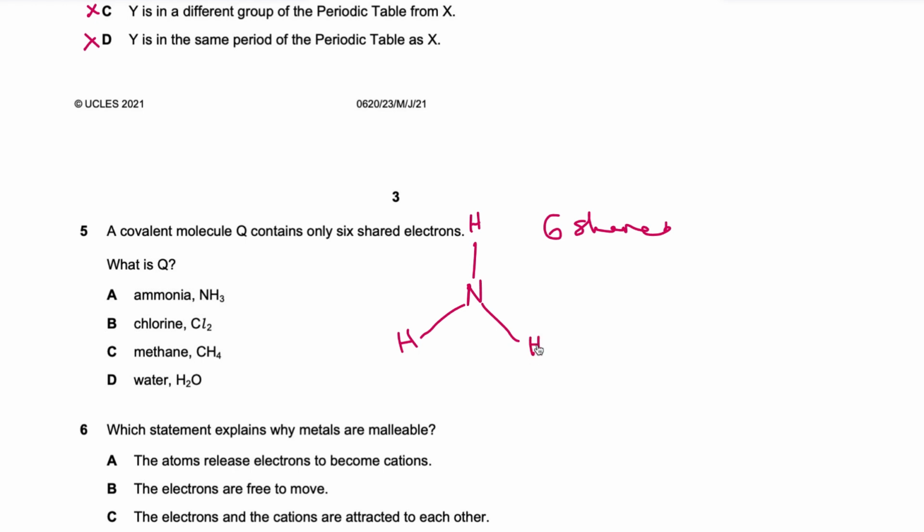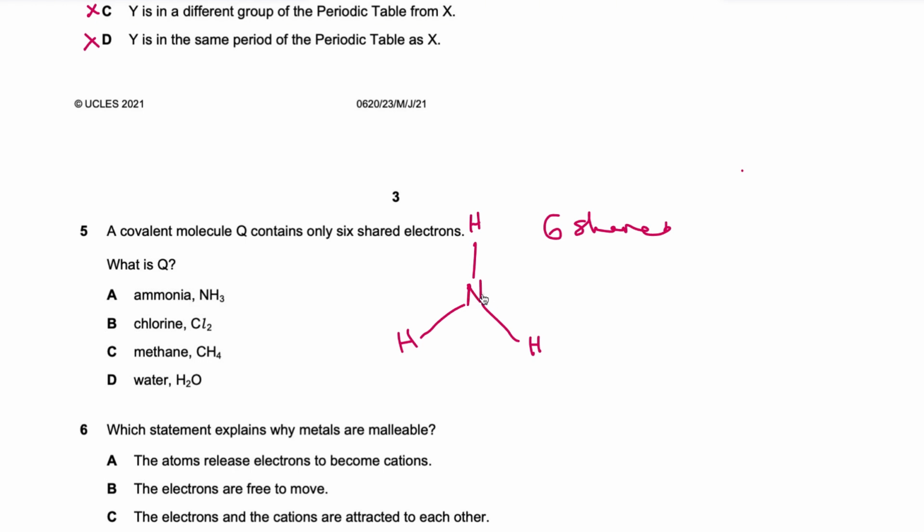If you draw the electronic configuration, nitrogen has a triple bond. Okay, it has triple because it has to gain 3 electrons to obey the octet rule.